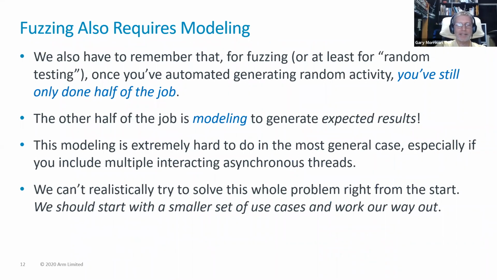An important thing to note, I think, is that I'm saying fuzzing requires modeling. Or maybe some might argue that fuzzing, in the usual sense of the word at least, is not exactly the same as random testing. I guess it might be fair to say that this is somewhere between random testing and fuzzing.